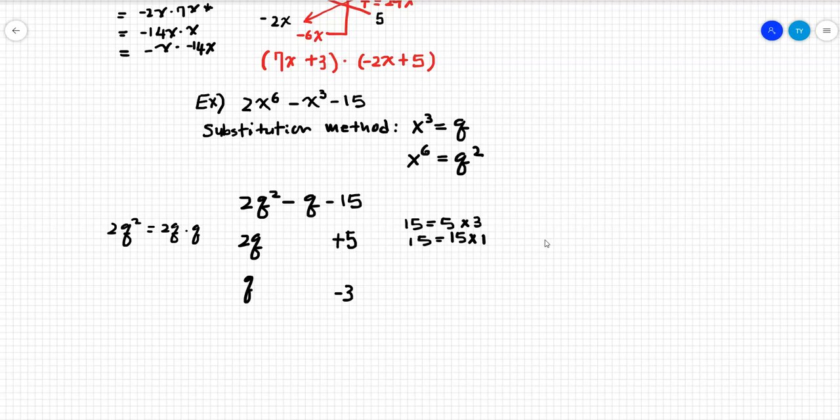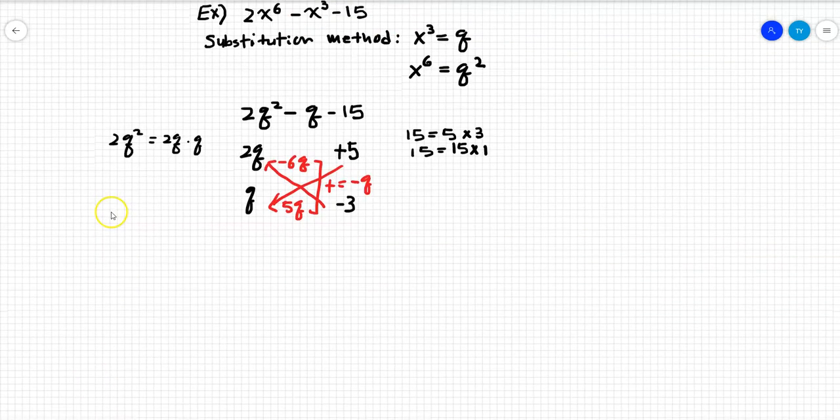Because if I multiply this way, you get negative 6q, and this is going to be positive 5q, and I'm going to have a minus in the middle. Okay, this is what I mean. If I cross this way, I get minus 6q, and this way I get 5q. If I add these two, I get minus q, and that's what we need to have in the middle.